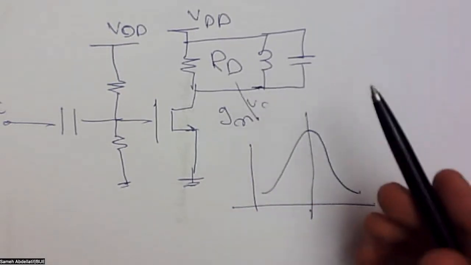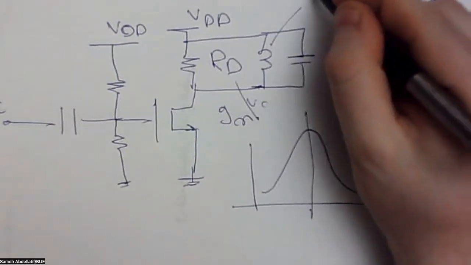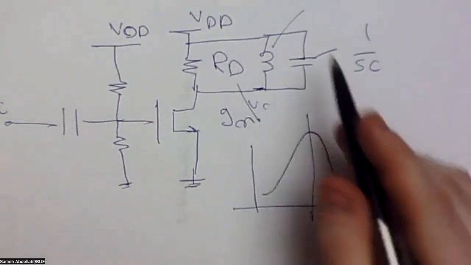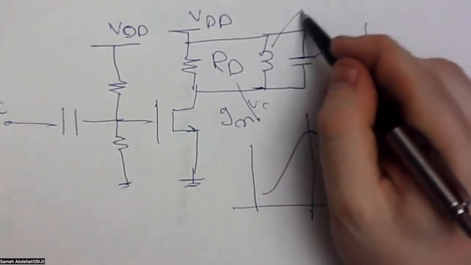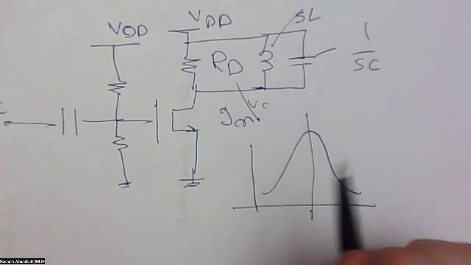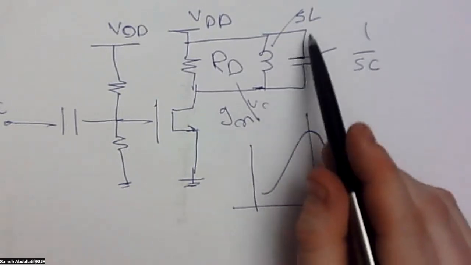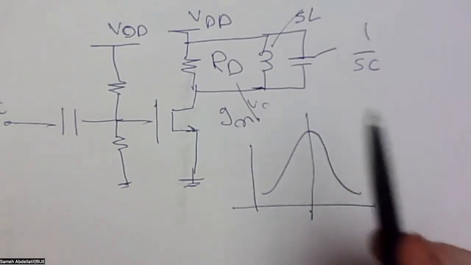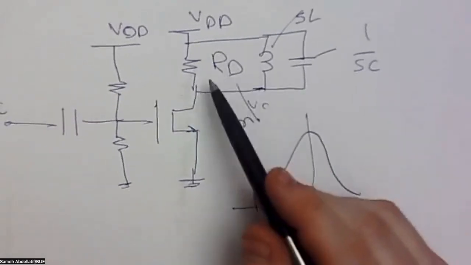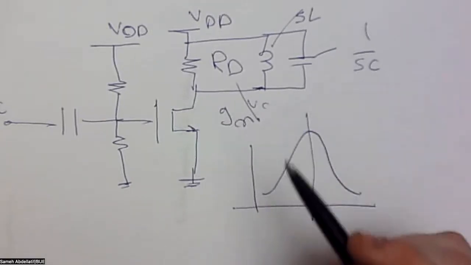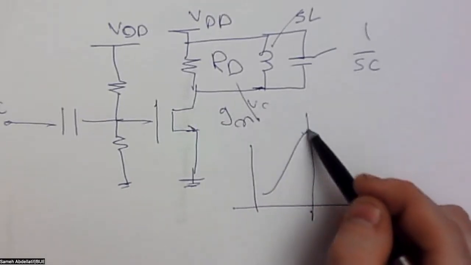Simply, it's a very simple relation. We have here sL and we have here 1 over sC. So you can simply search for a value at which the impact of sL is cancelled by the impact of 1 over sC. At this value, your circuit will return back to be a purely resistive load with a maximum gain.